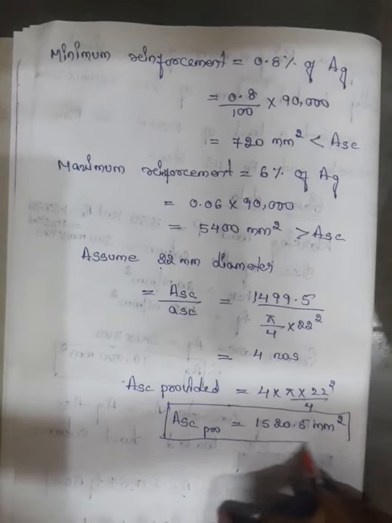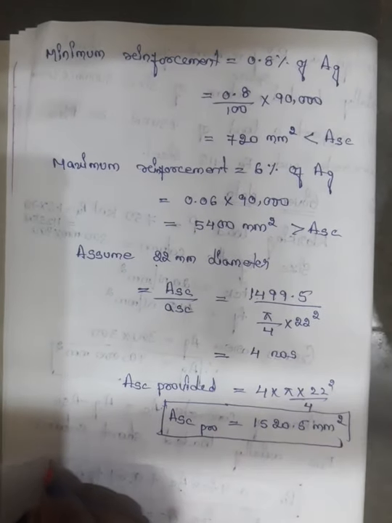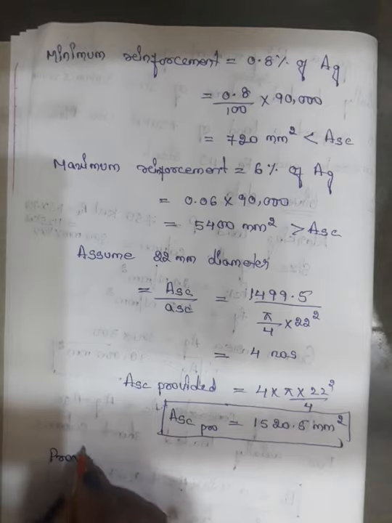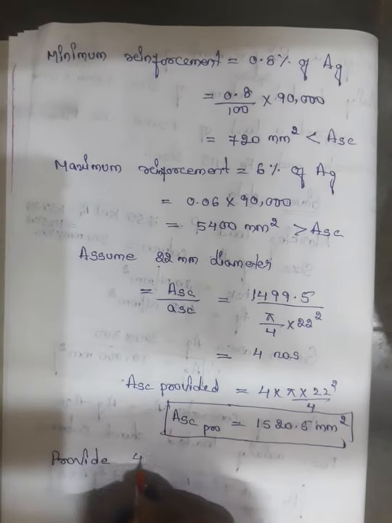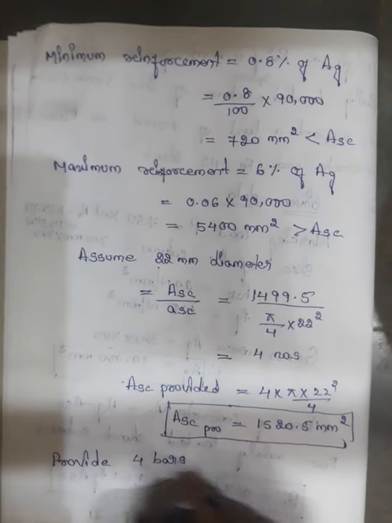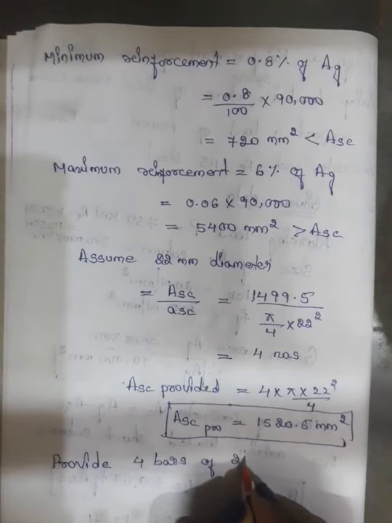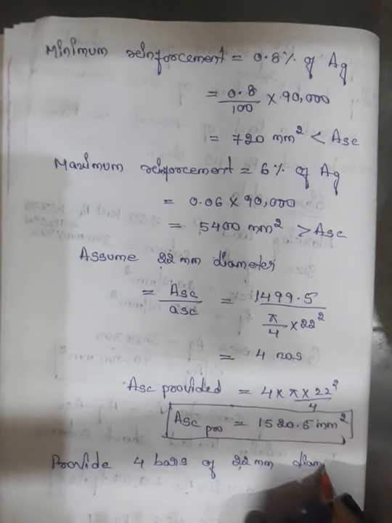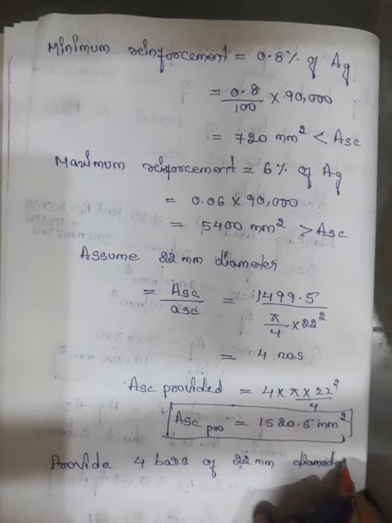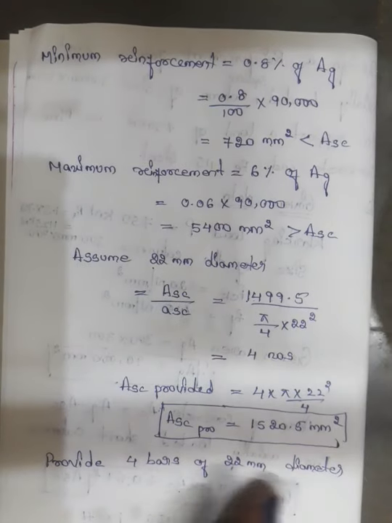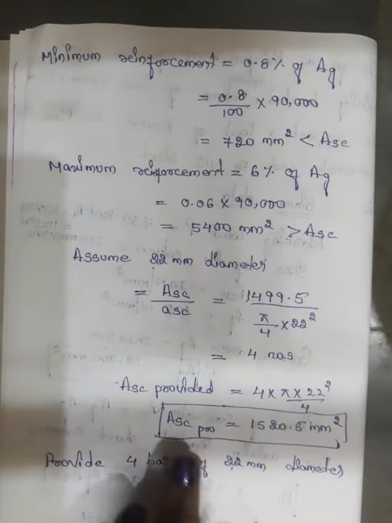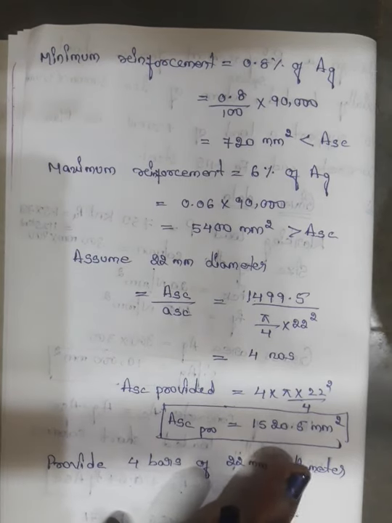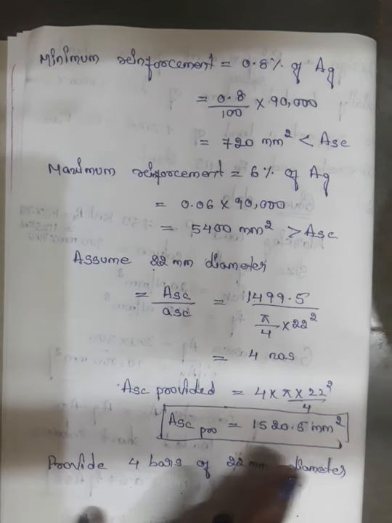So this is the Asc provided, which means provide 4 bars of 22 mm diameter. For that, Asc provided is 1520.5 mm square.